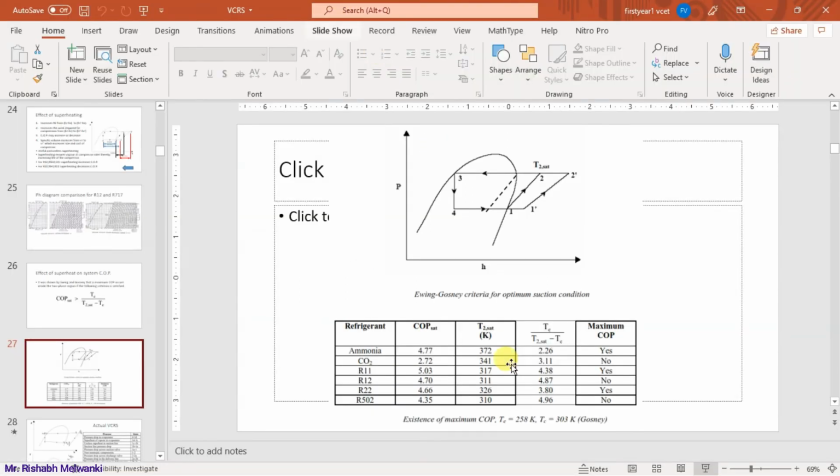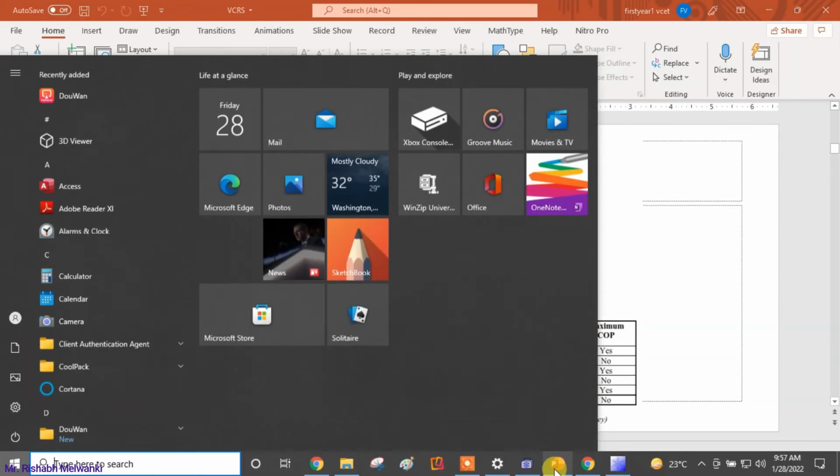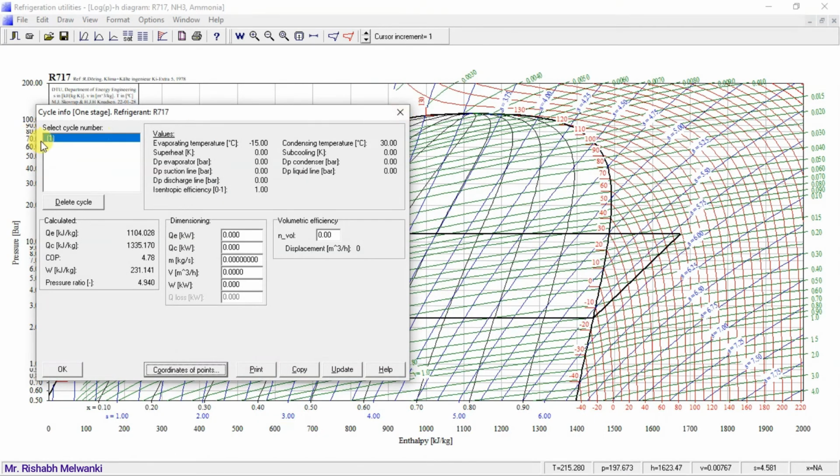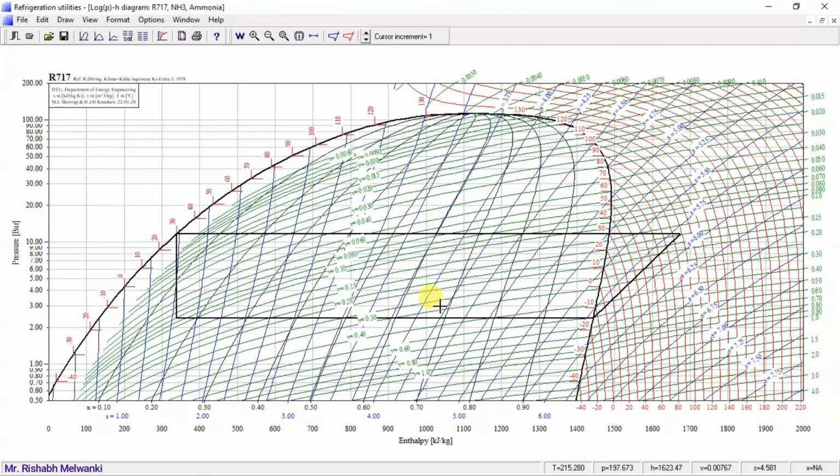Let me go back to the software. In the software, I have shown already one cycle. Here you can see cycle number 1, which is for the standard vapor compression system, where we have 1 to 2 as dry compression. Now I'll draw one more cycle.